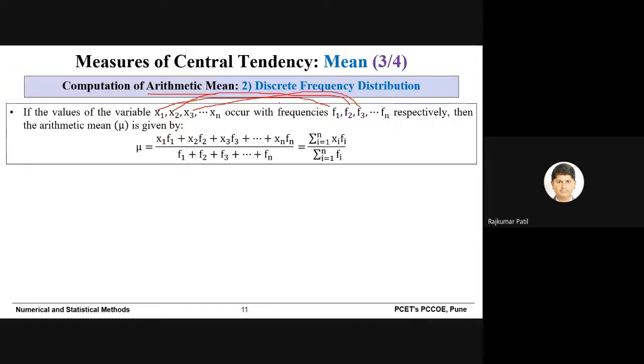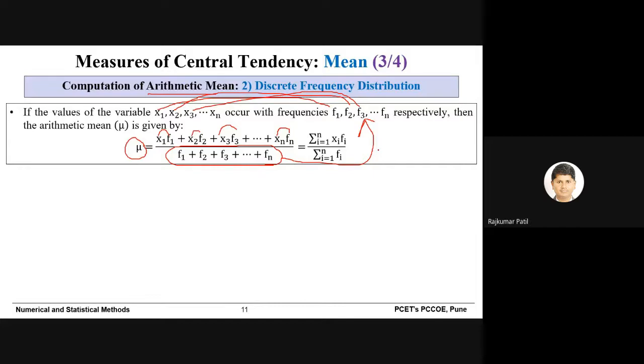So for each value there are some frequencies. If this is the case, then we calculate the arithmetic mean by using this formula: x1 f1 plus x2 f2 plus x3 f3 up to xn fn, divided by the total number of observations. Total number of observations means the sum of the frequencies.